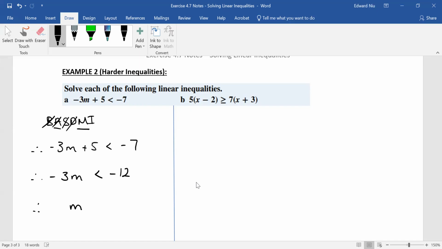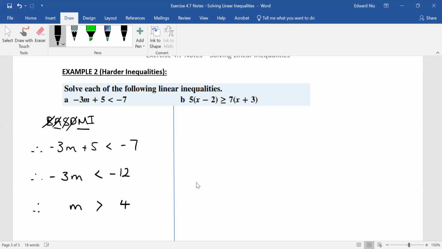We know -12 divided by 3 is -4, and then the two negatives cancel out. But it's really important for inequalities, whenever you divide or multiply by a negative on both sides, you need to flip the sign.